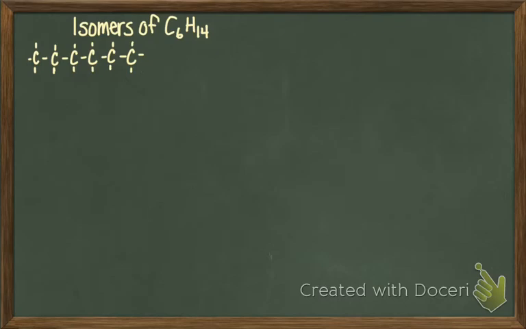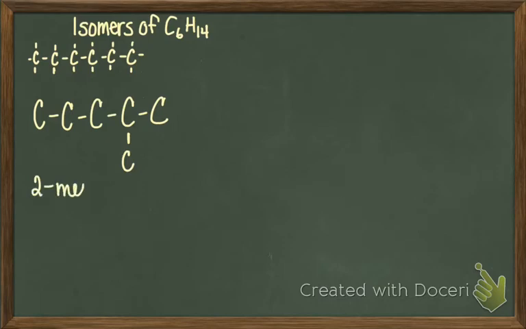We're going to make the carbon chain shorter by 1 carbon, so we're going down to 5 carbons, and we're going to take that 6th carbon that we took off the end and place it on the internal carbon. And when we go to name this, this would be 2-methylpentane. And I didn't name this one up here, but we all know that this is hexane.